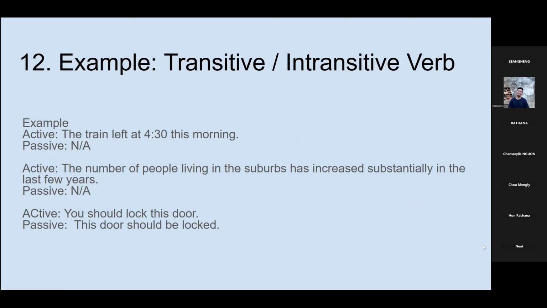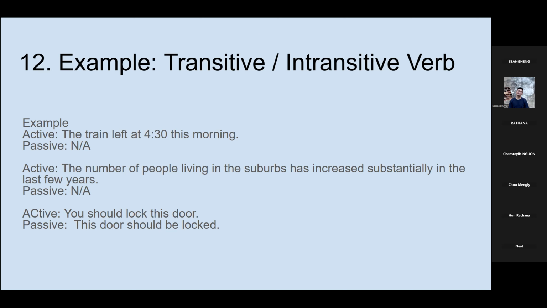For example, active: the train leaves at 4:30 in the morning. It cannot transform into a passive because an intransitive verb cannot change to passive.